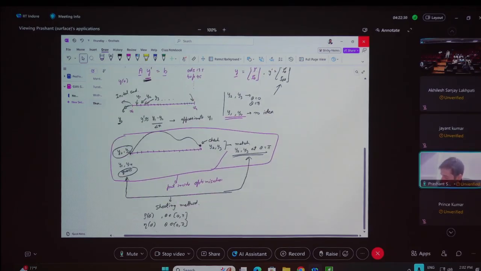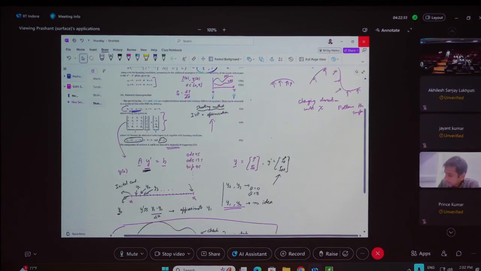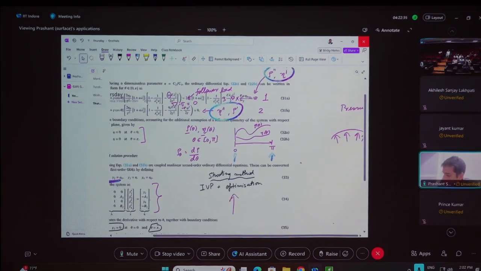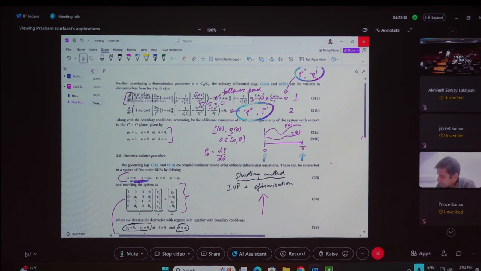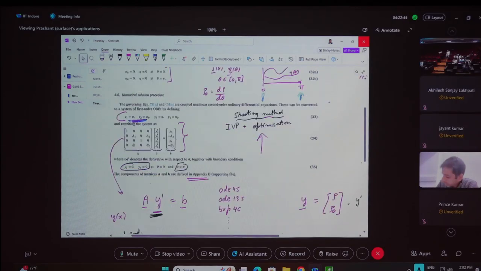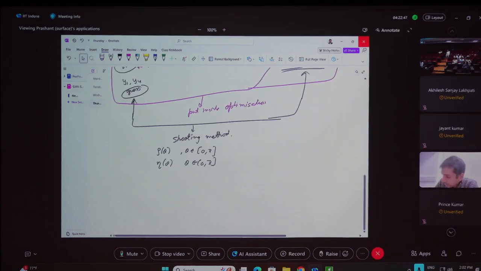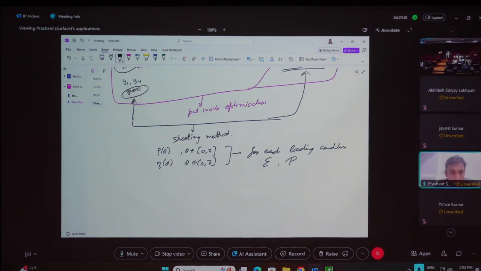Okay, so that's what we do, and then essentially for each different loading condition, the electric loading condition and the pressure loading condition, you will get one solution each for this problem, and this is what I showed you yesterday as solutions, right?